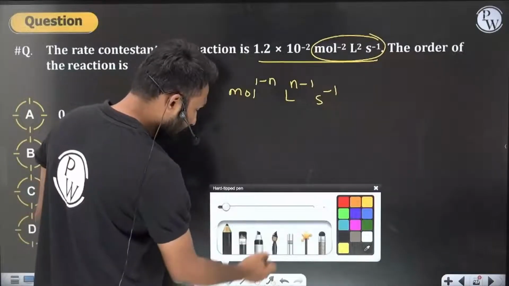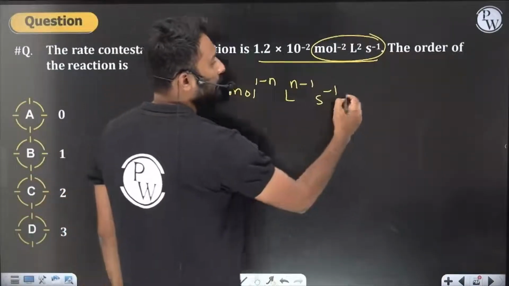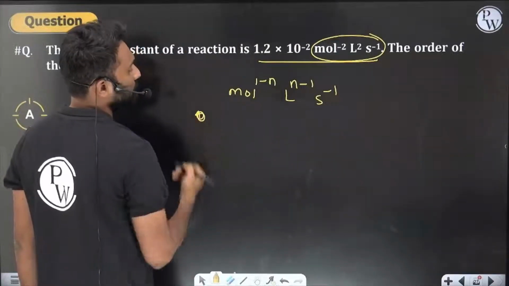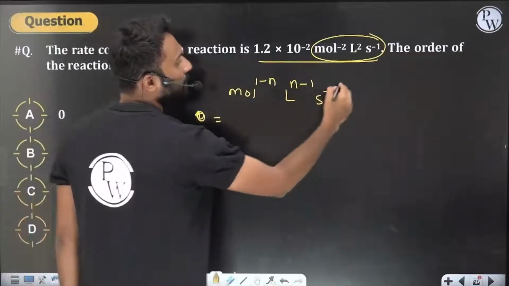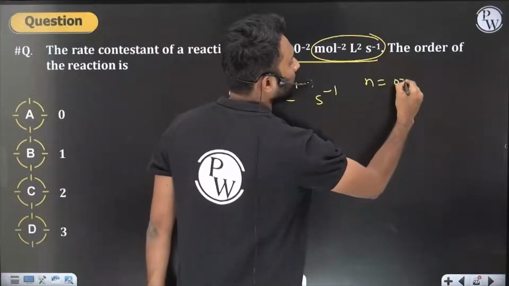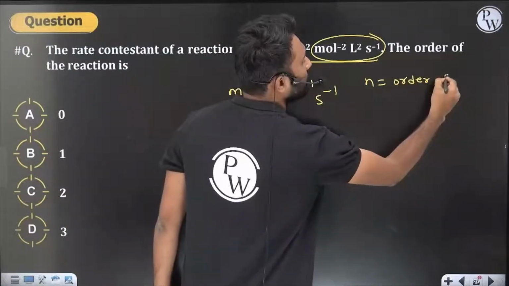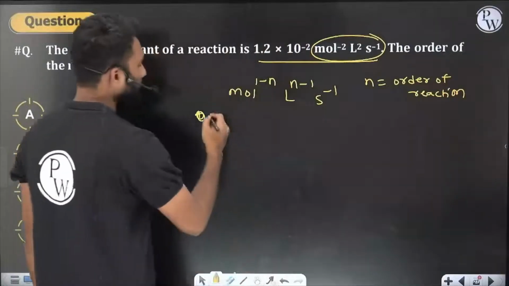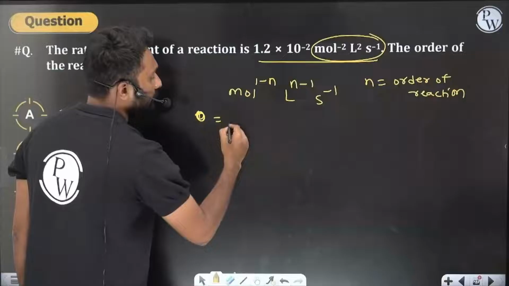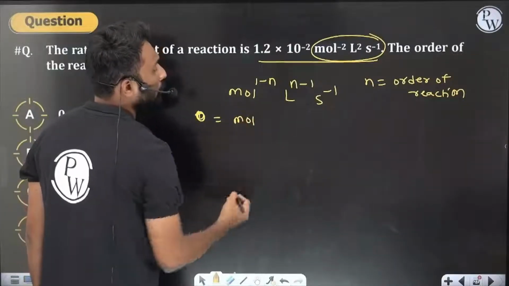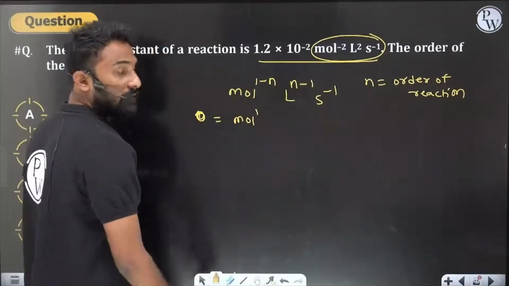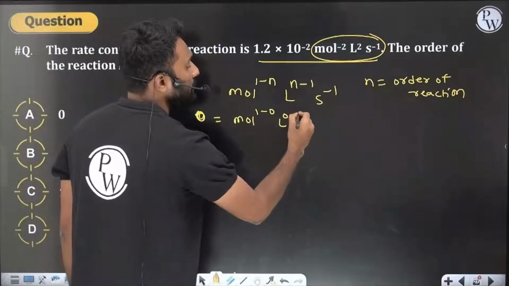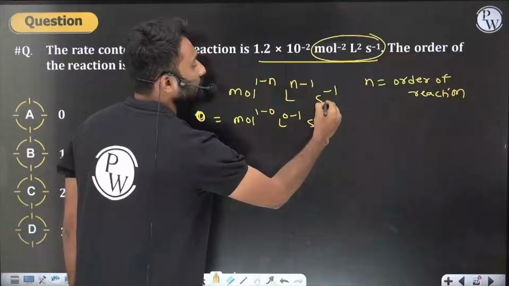Now, n is the order of the reaction. Let us assume it is a zero order. Then the unit will be mol raised to the power 1, because here it is 0 minus 1, and second inverse.